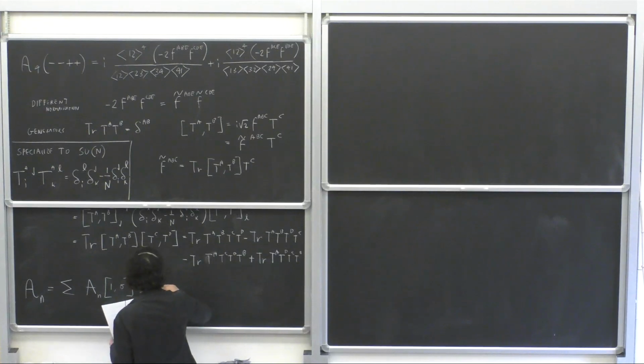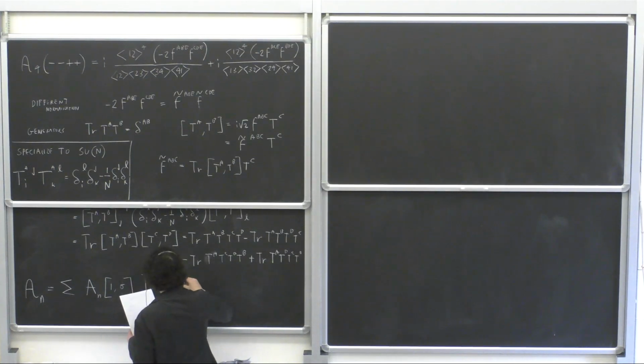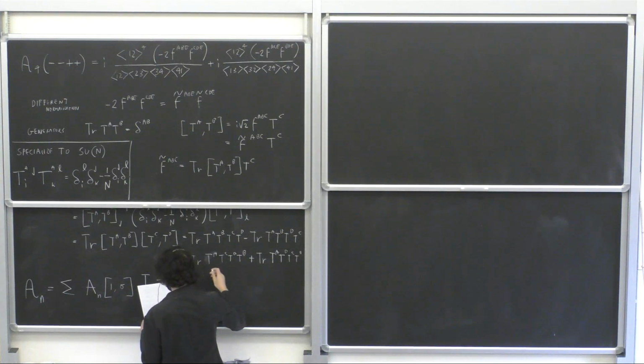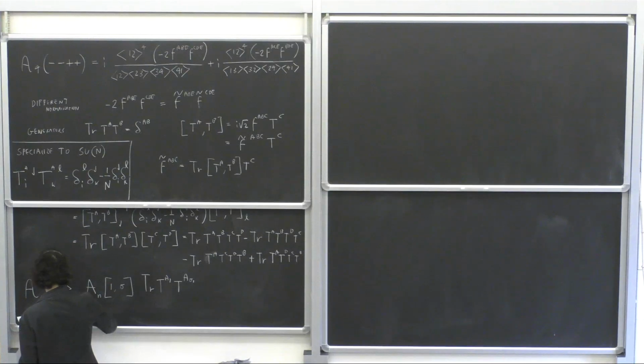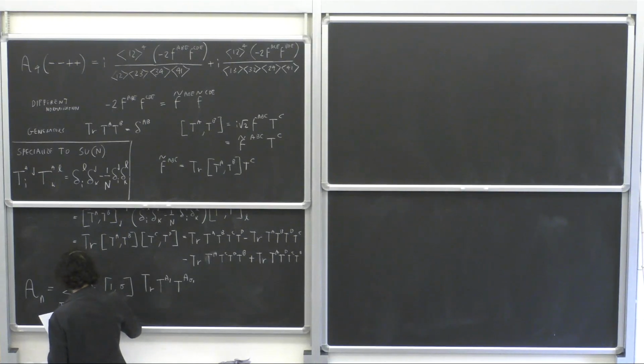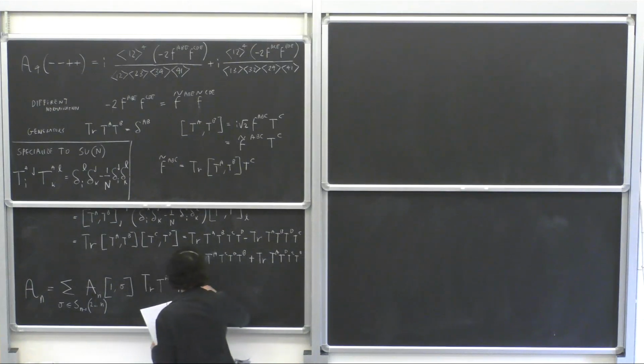And here we are going to have TA1, and then there will be TA of sigma 1, where the summation here is over permutations, I indicate as sigma, permutation of the n minus 1 elements, to n. So this would be the first element, and then you would go all the way to sigma n.